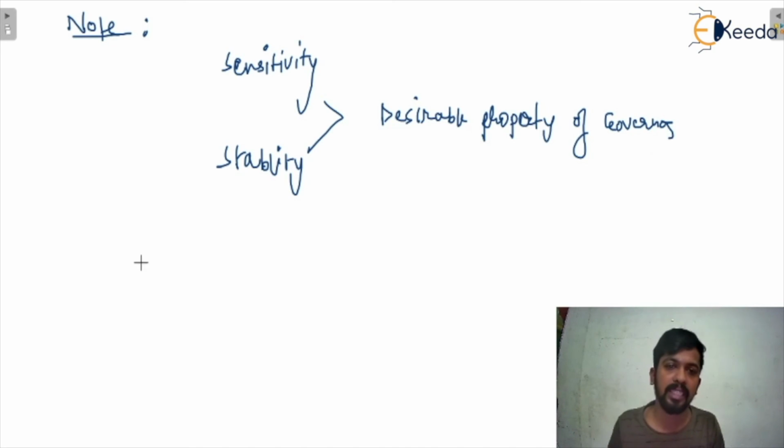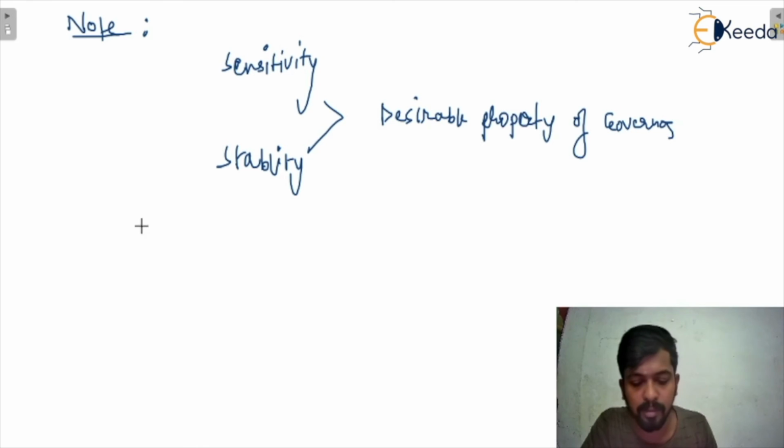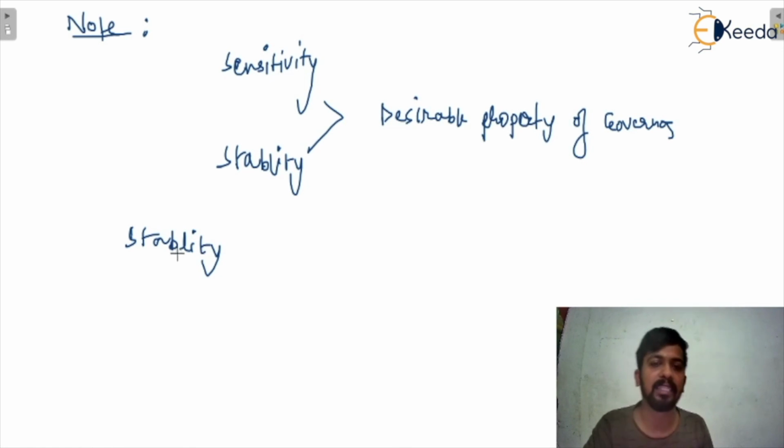And the next point is sensitivity is inversely proportional to the stability. We all know, you can feel it. The governor which is stable means it has less sensitivity. So I'm just writing here stability. What is the relation between stability and sensitivity?